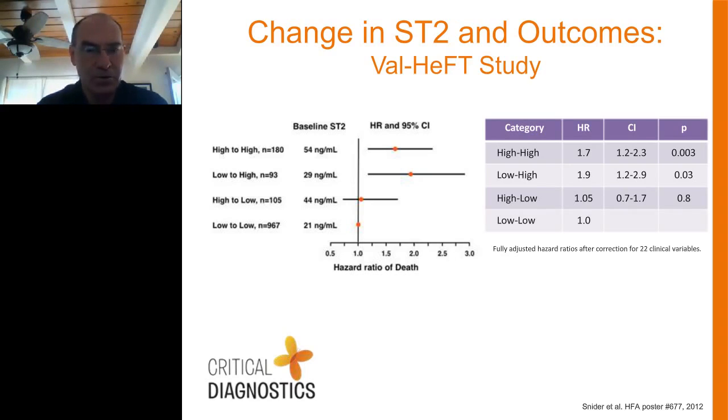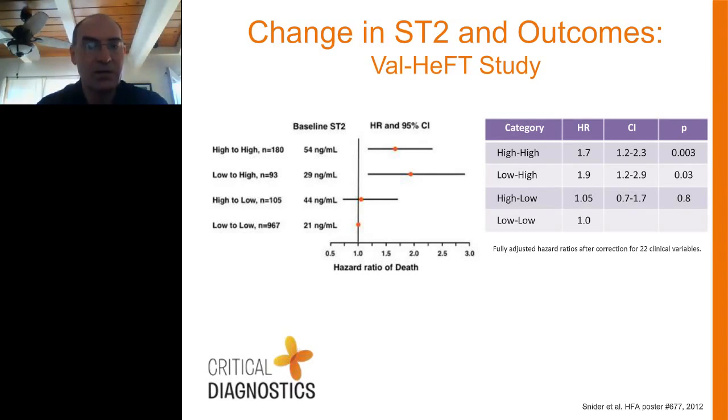Now we have 3 other groups, of course. The persistently high group, so patients that had ST2 above 35 at both time points, or what we call lane changers, patients who started out high and went low, above or below 35, or the converse, low to high. And what we see is that we used the persistently low group as the reference, so their hazard ratio was set to 1, and then each of the other groups were compared to that.